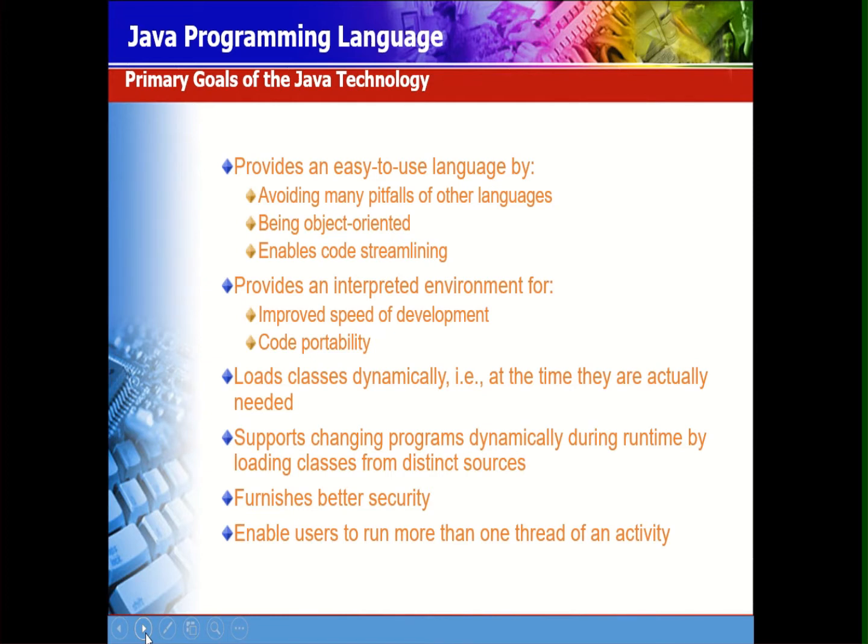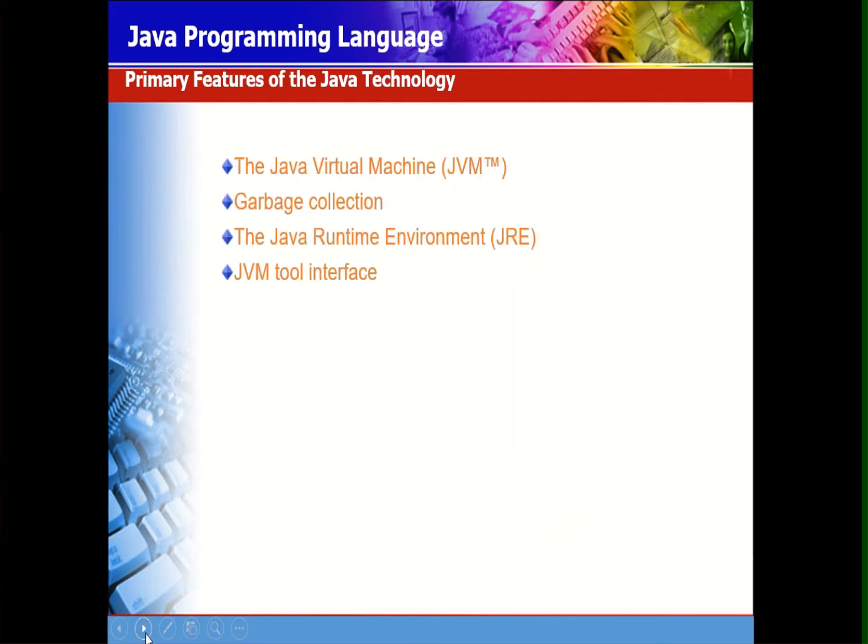The next features are: provides an integrated environment for improved speed of development, code portability, loads classes dynamically, that is at the time they are actually needed, supports changing programs dynamically during runtime by loading classes from distinct sources, furnishes better security, and enables the user to run more than one thread of an activity.